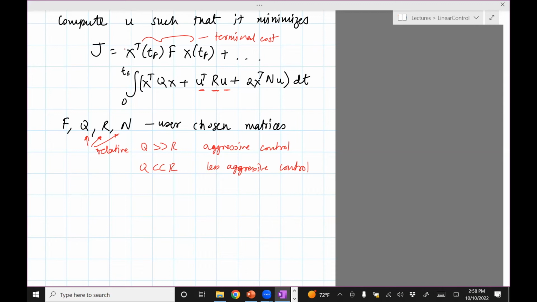There's a cross term N, which I normally just put equal to 0. But you can actually tune the cross weighting term between x and u.